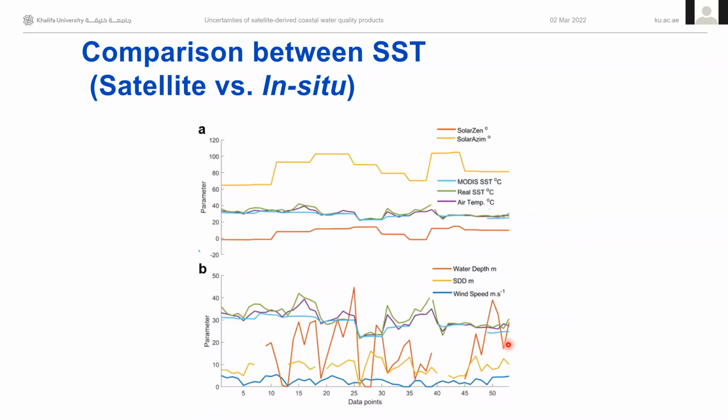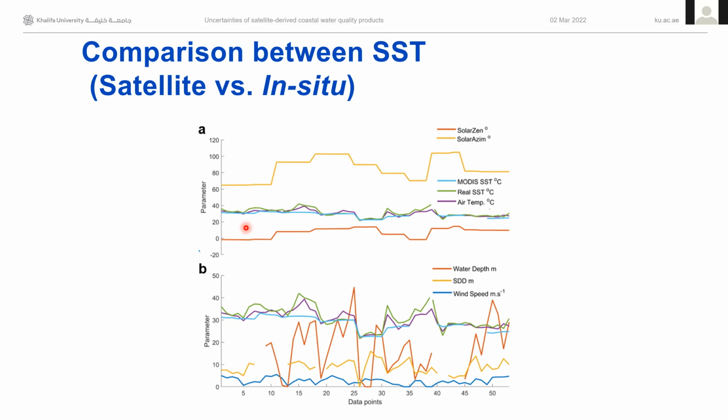So regarding the instantaneous effect, if we look at specific changes of the bias regarding the parameters that we have seen here, for example, here we plot only the changes over the 52 stations that we have.